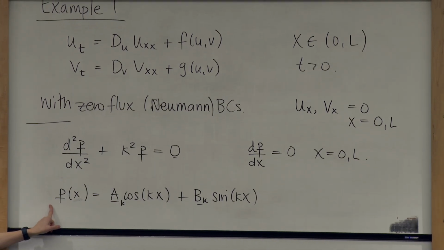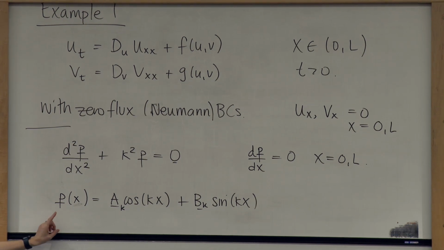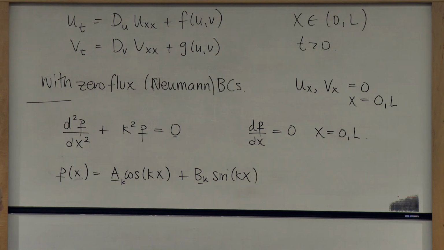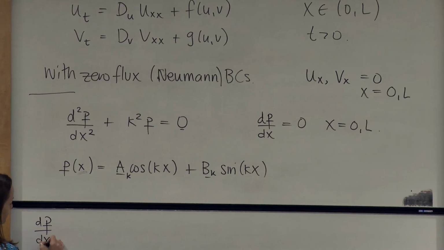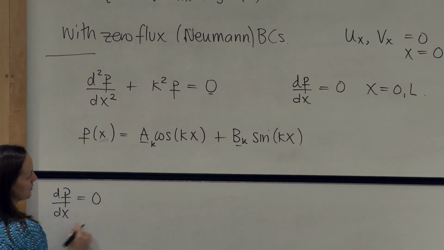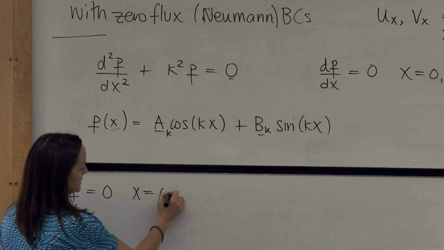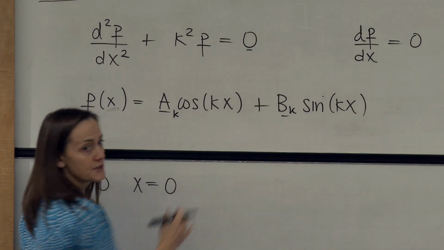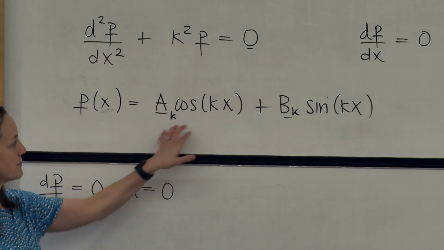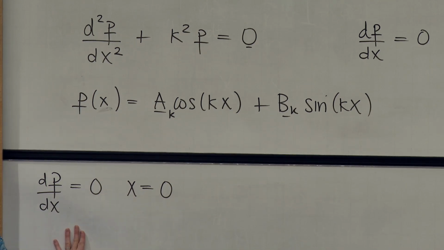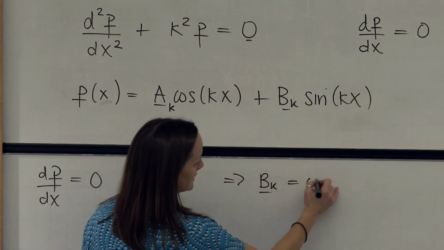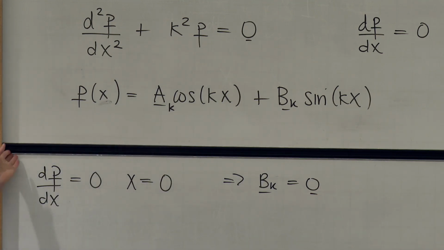Then if I think about what happens on the boundary, I can make further progress. I want dp by dx to equal 0 at x equals 0. When I do dp dx, I pull out a sine term here and a cos term there. The sine term isn't going to give me any trouble, it's 0 on the boundary, but the cos term is going to give me that my b_k's have to be 0.